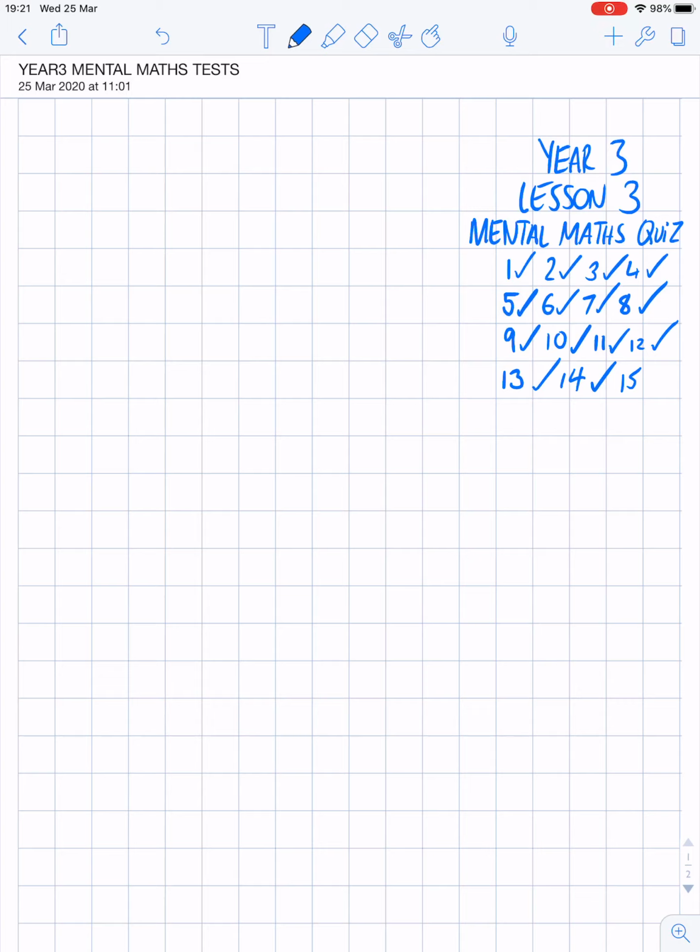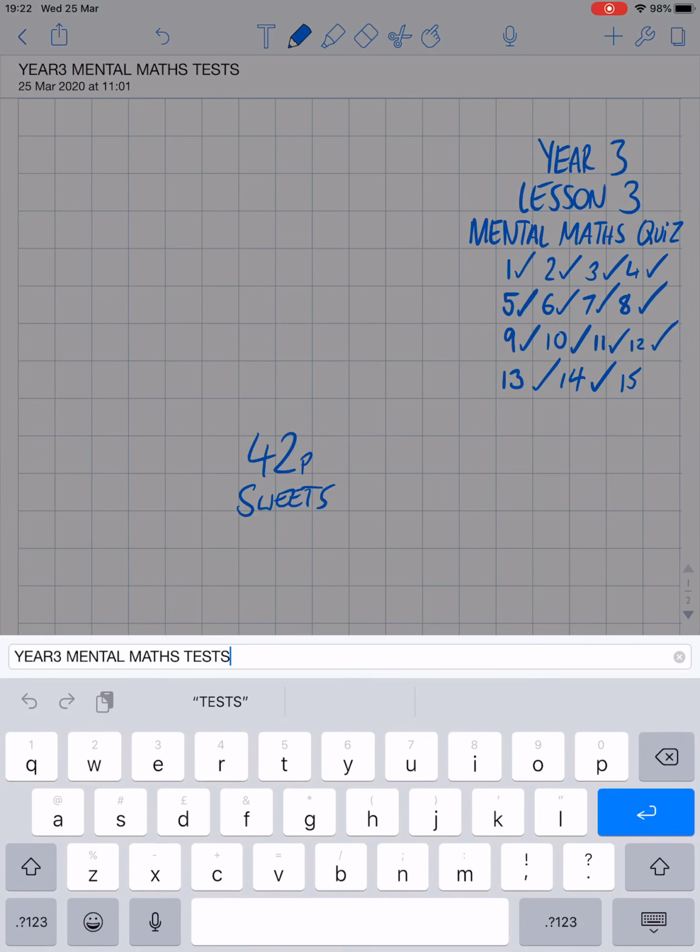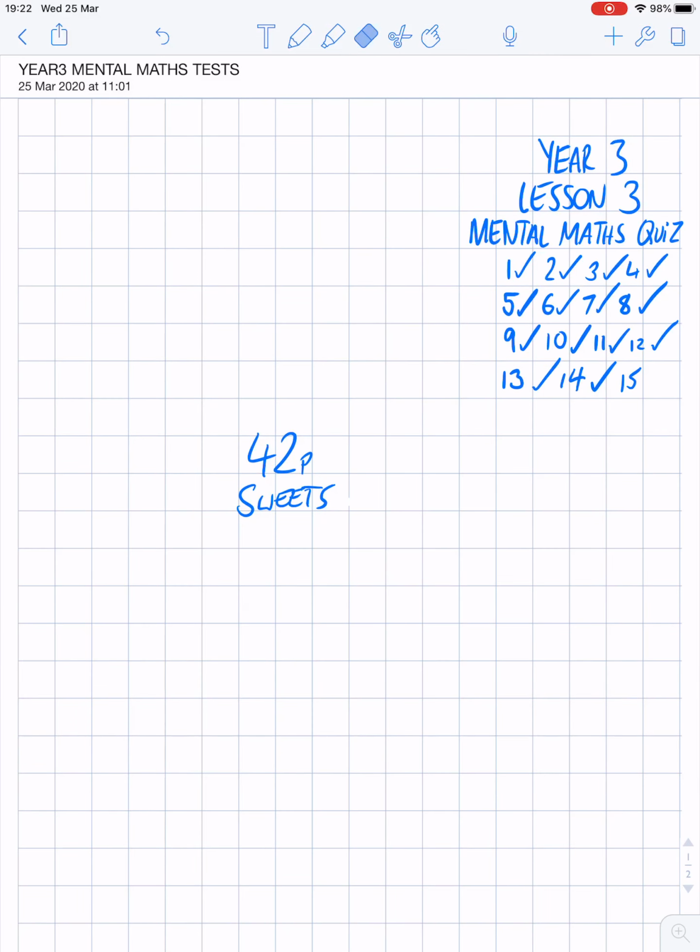You go to the shop and spend 42 pence on sweets. How much change do you get from £1? You go to the shops and spend 42p on sweets. How much change do you get from £1? So I'll give you 20 seconds and we're going to go through the answers.